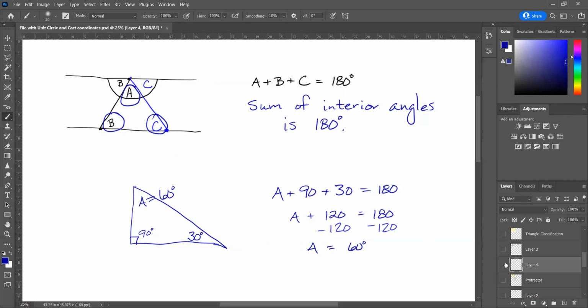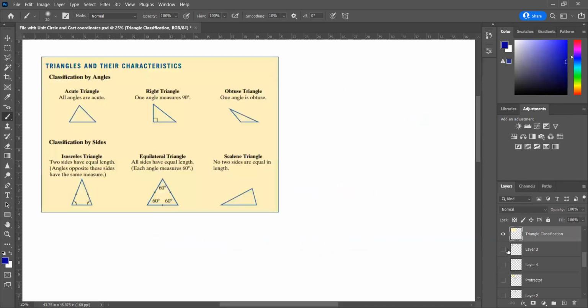Well, as it turns out, we have names for triangles. Notice here, I've copied this straight out of the book. We can see that an acute triangle is what we call the triangle when all the angles are acute. Remember, acute means they're less than 90 degrees. So these are all pretty small angles.